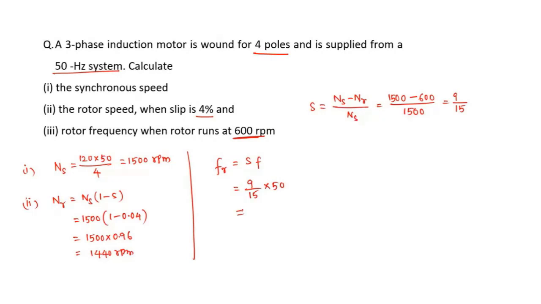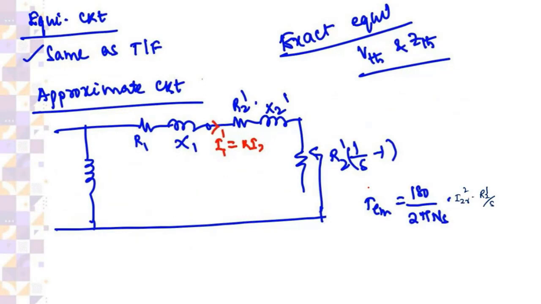So 9 into 50 divided by 15 gives a rotor frequency of 30 hertz. This kind of simple question can be asked in GATE for 1 mark on slip.